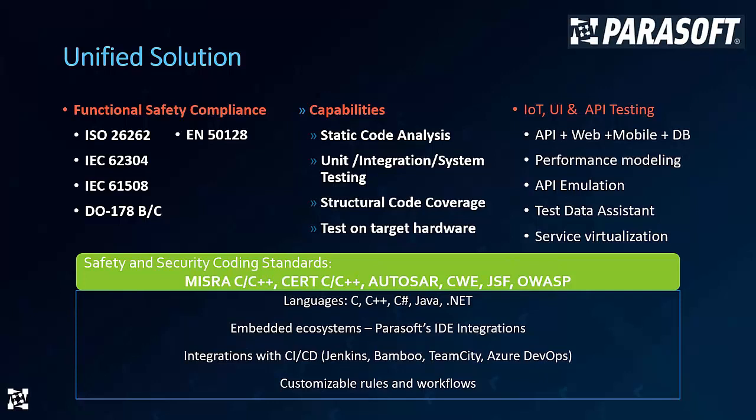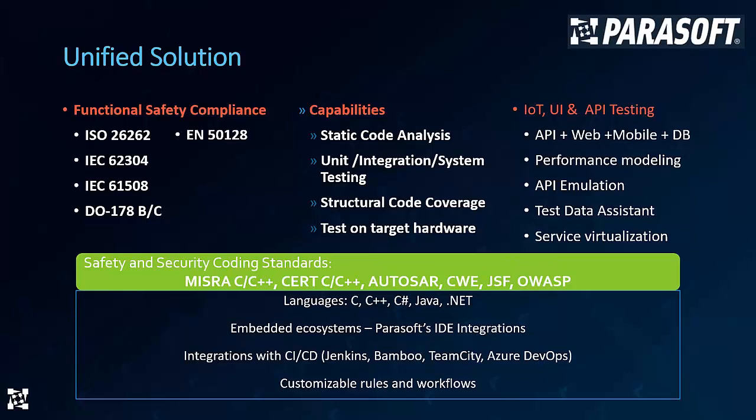Also very important to know is that we easily integrate within your embedded ecosystem. We help you test on your host, virtual, or target hardware. We support an extensive list of compilers, and we integrate with numerous IDEs. IDEs like Eclipse, Visual Studio Code, Code Composer, and the list is just very comprehensive.